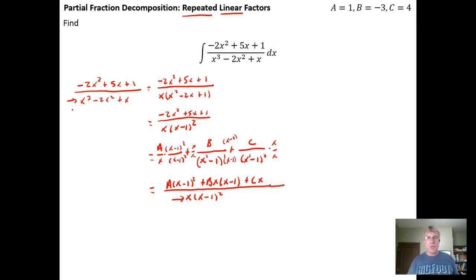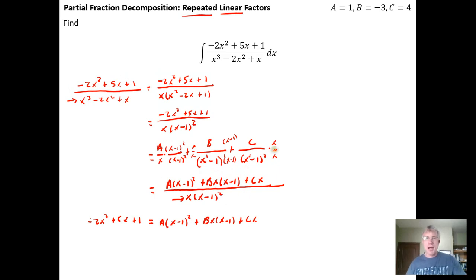So to get the two ratios to match, we need the numerators to match. So what we need is negative 2x squared plus 5x plus 1 to equal A times x minus 1 quantity squared plus Bx times x minus 1 plus Cx. We need the numerators to match.